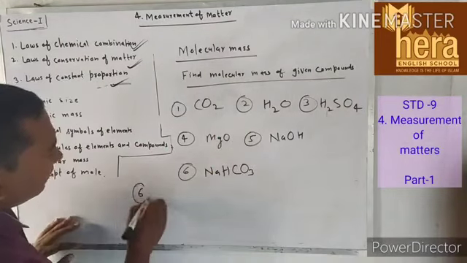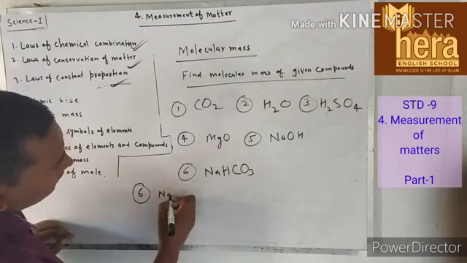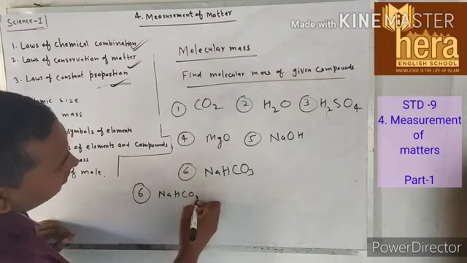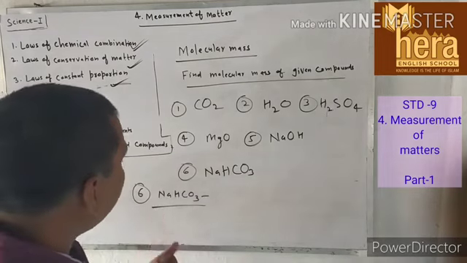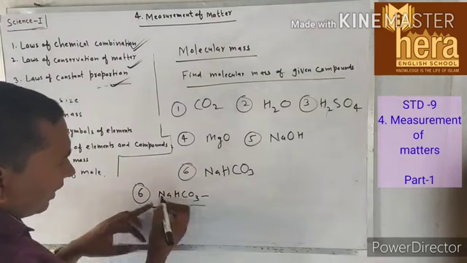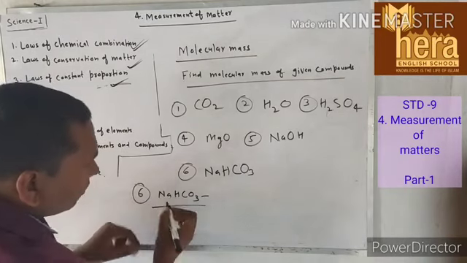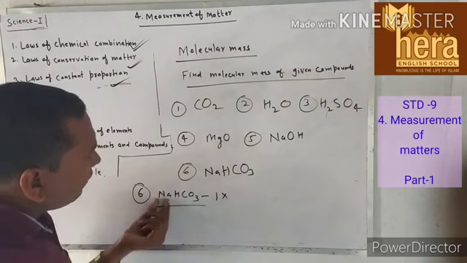So the sixth one, the molecular mass of NaHCO3. How will you find the molecular mass of a compound or molecule? Here Na means sodium, and there is only one sodium. So write 1 into the atomic mass of sodium.